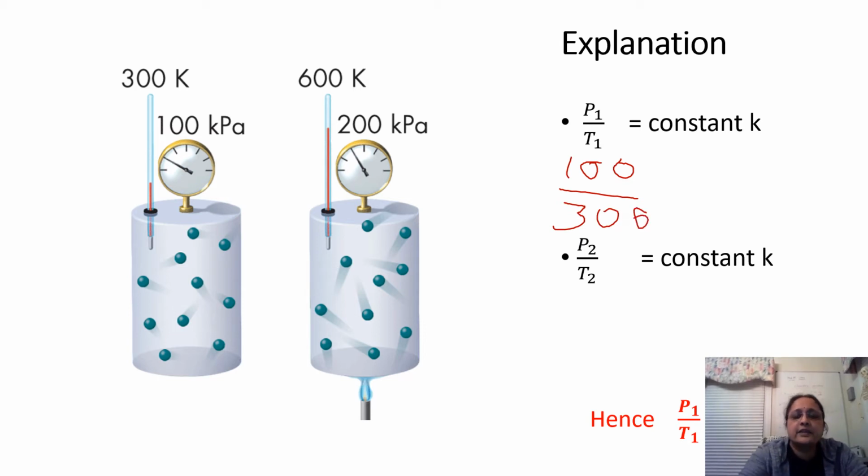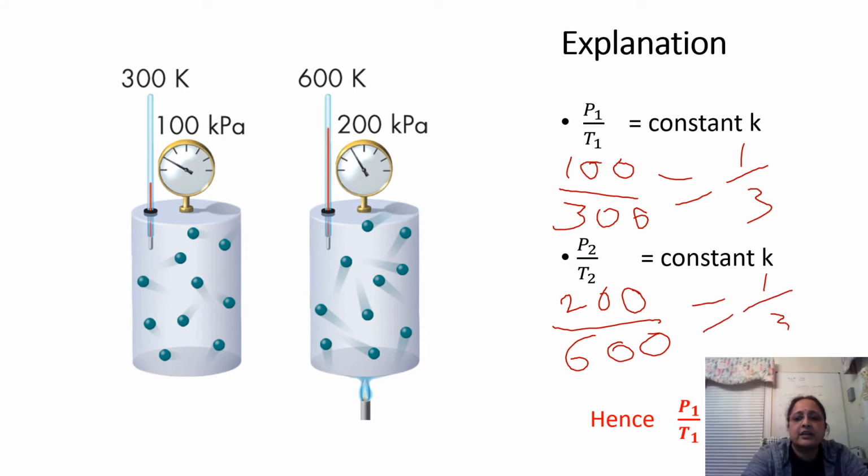Then the second one, P2 by T2, final pressure and temperature, is 200 kilopascal by 600 Kelvin. So you see this is 1 by 3 and this is also 1 by 3, which indicates that if you join both, P1 by T1 is equal to P2 by T2.